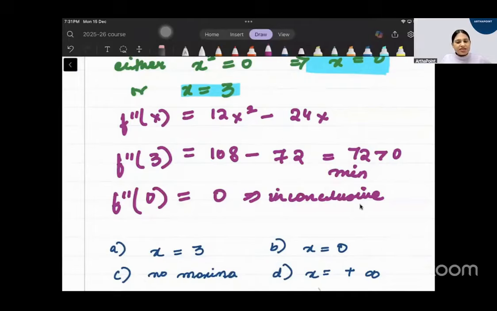Why there is no maxima? कोई अगर पूछे कि इसमें मैक्सिमा क्यों नहीं आ रहा, why no maxima? Horizontal graph, okay.